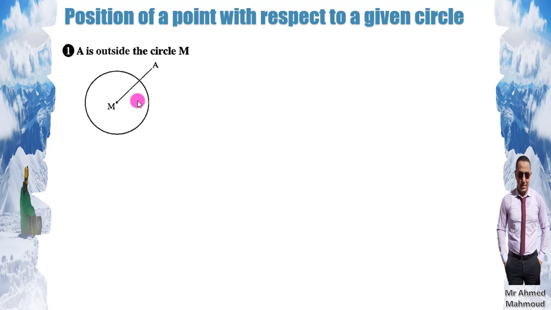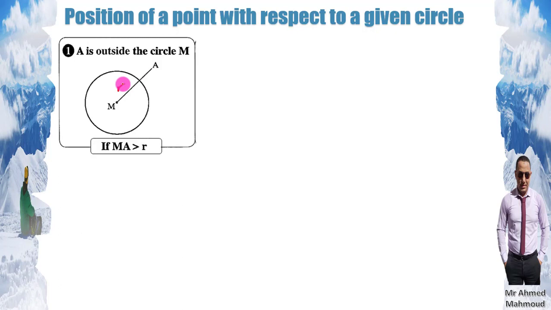Now, by comparing the distance MA and the radius, let this distance equal r. What is the relation between MA and r? Here we see that MA is greater than r. So if A is outside the circle, MA is greater than r, and MA means the distance between the point and the center of the circle.